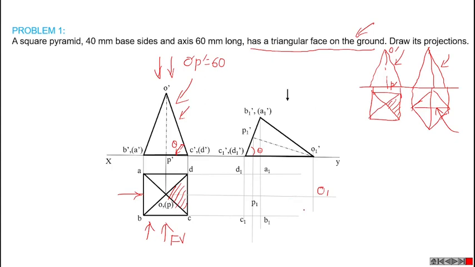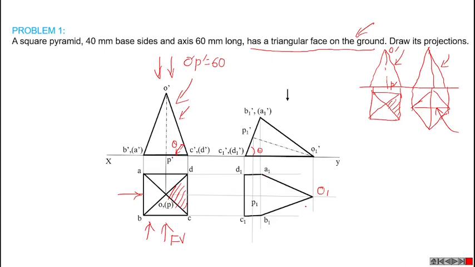Then in the next step, we can create the final top view. For that purpose, there are 2 or 3 theories to locate the visible edges. The first one is that the outermost edges of the solid are always thick lines. Here, outermost edges means A1 O1, O1 B1, B1 C1, C1 D1, D1 A1.